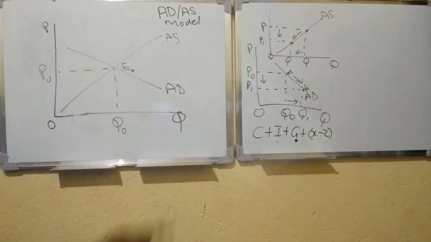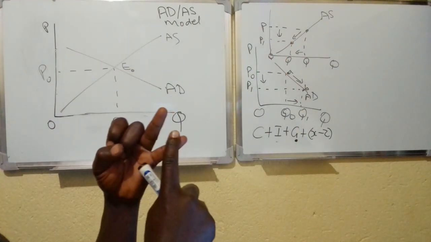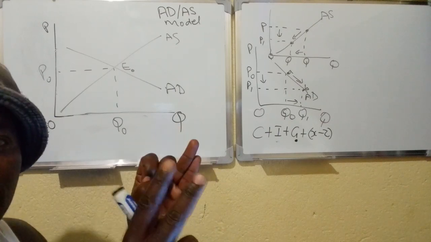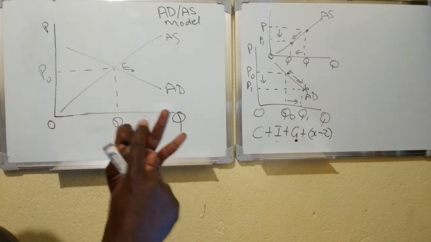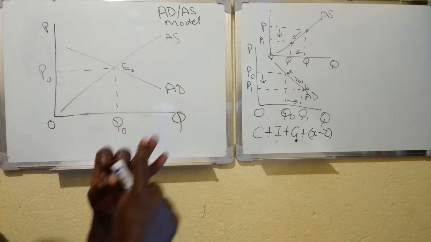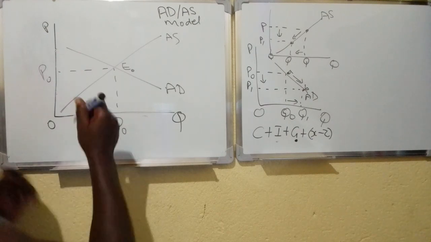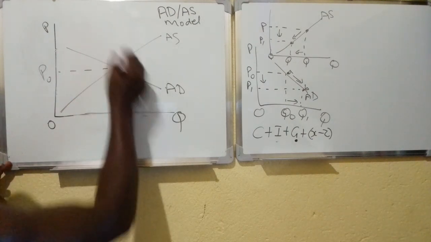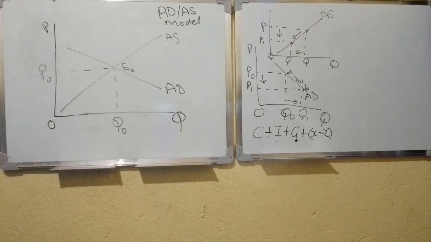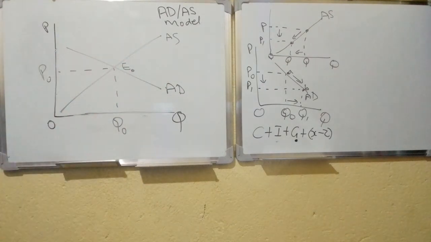But the effect of the availability, not their prices or their costs, but their availability and their productivity, their effect on the aggregate supply is a shifting of the aggregate supply curve. So they affect the position of the aggregate supply curve.